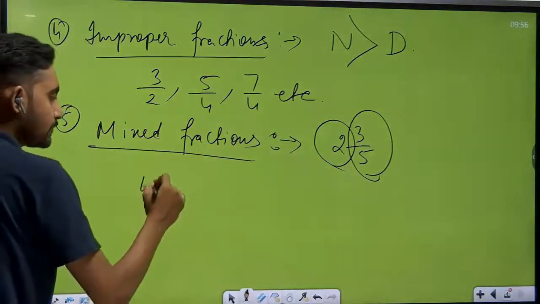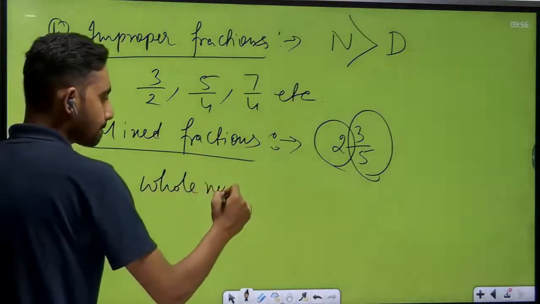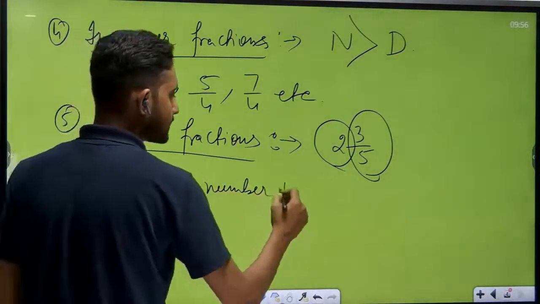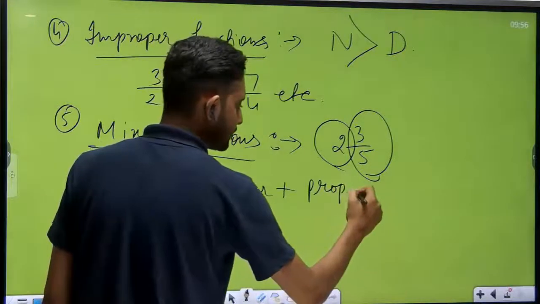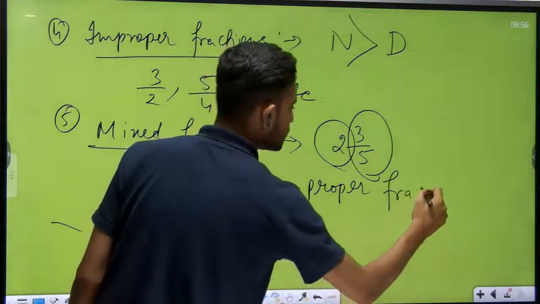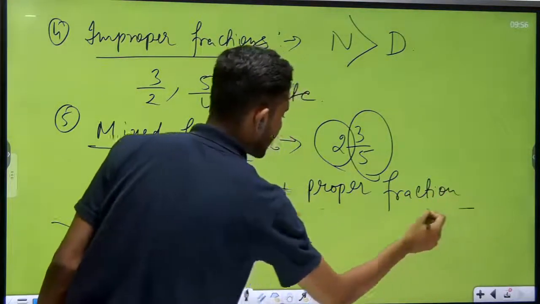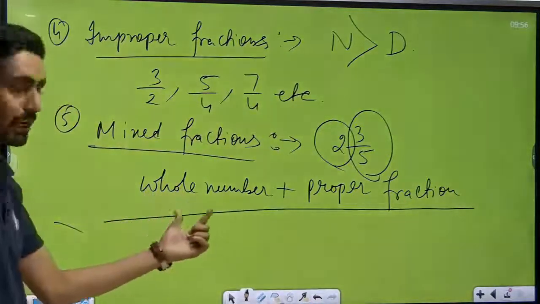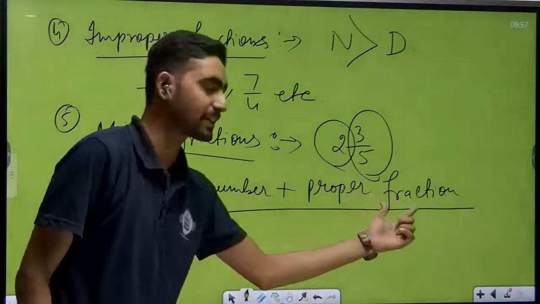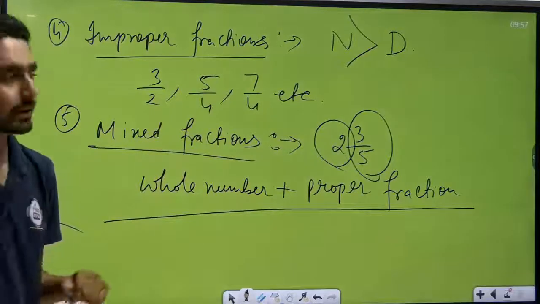This is the format: whole number plus proper fraction equals mixed fraction. All of you note down, whole number plus proper fraction equals mixed fraction. Okay, this is the example.